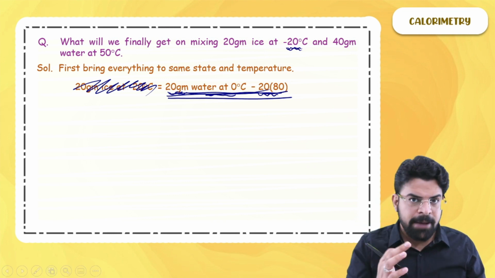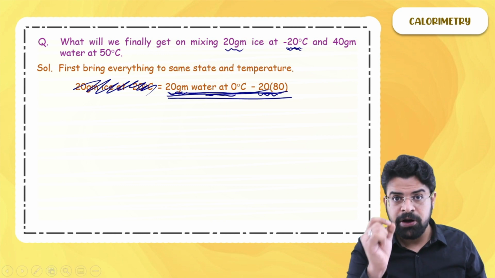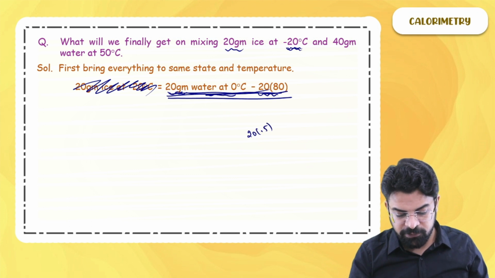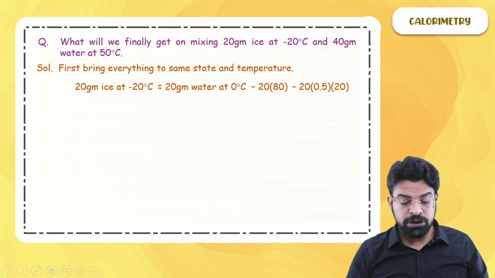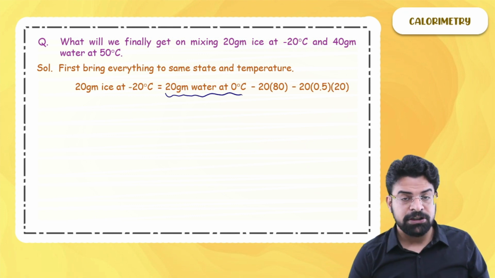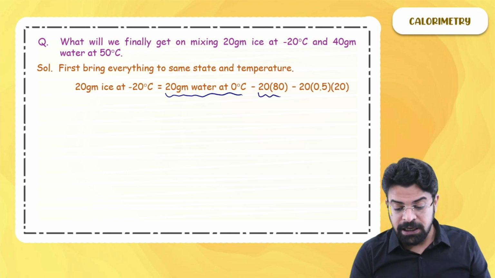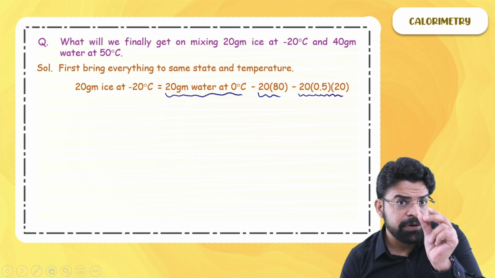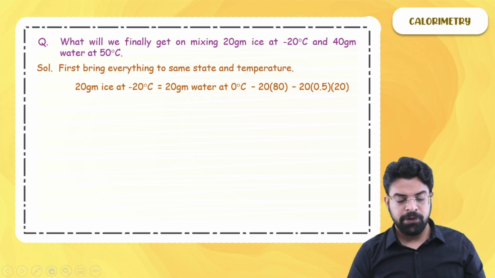How much? Ms delta T. Mass is 20, specific heat 0.5 and the temperature difference 20. So you get 20 into 0.5 into 20. This much amount of heat has to be extracted more. So from 20 gram of water at 0, you take out 1600 calorie to freeze it, and then 20 into 0.5 into 20 to reduce the temperature from 0 to minus 20, and you will reach 20 gram of ice at minus 20.